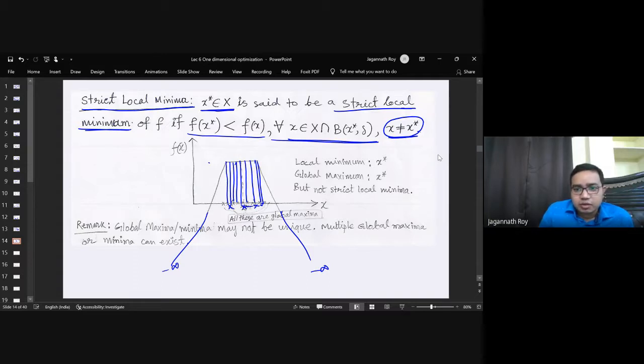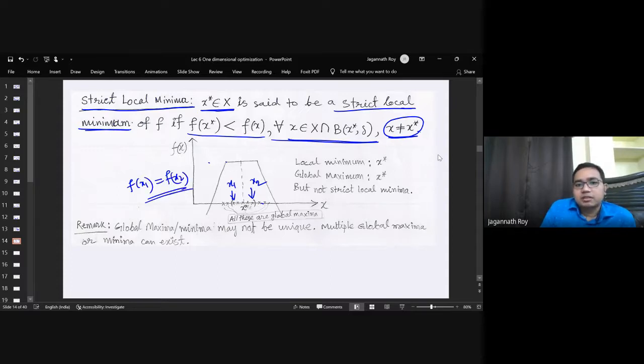But a strict local maximum or minimum is not there. Around this place, you can find x1 and x2 for which f of x1 and f of x2 are equal. There are infinitely many points for which we have the global extremum.